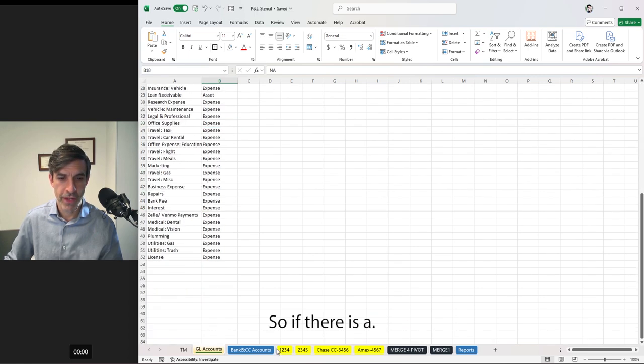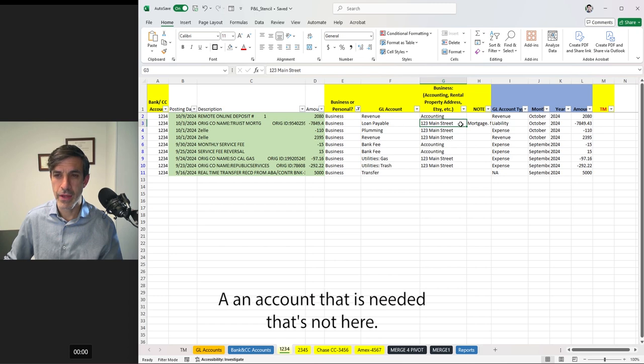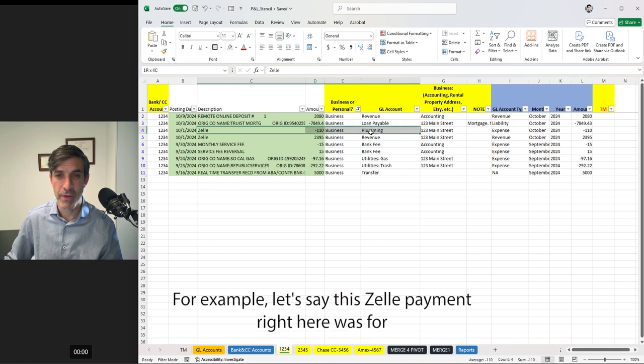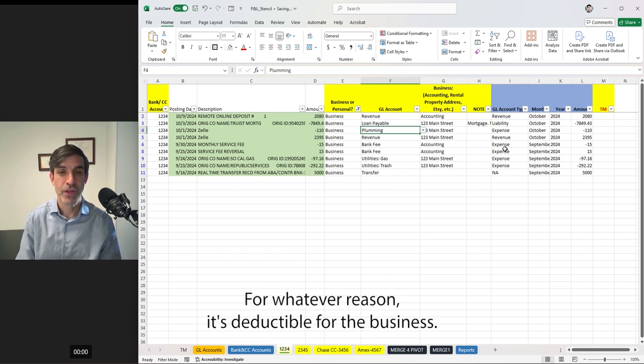These right here are from a drop-down menu that are actually pulled from this tab. So if there is an account that is needed that's not here, for example, let's say this Zelle payment right here was for, I don't know, a foot massage that is, for whatever reason, deductible for the business.